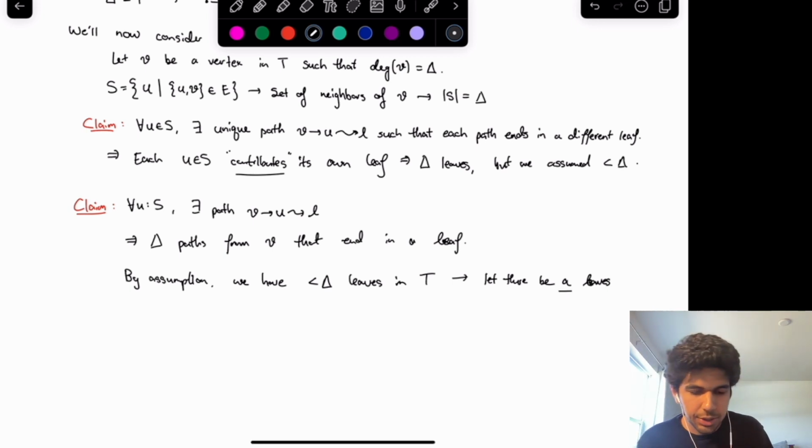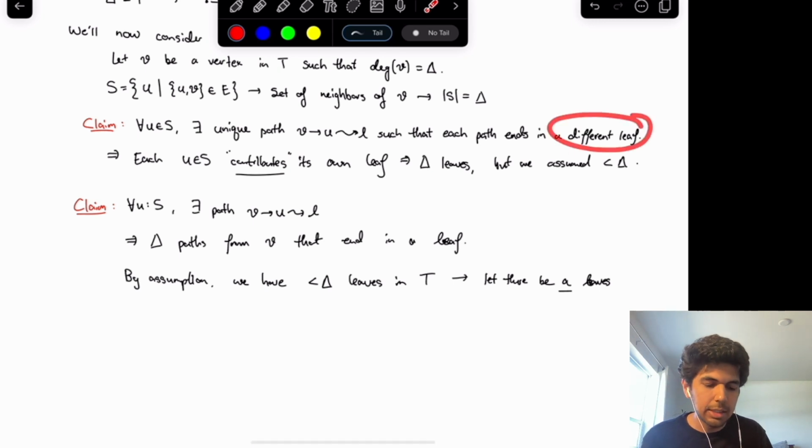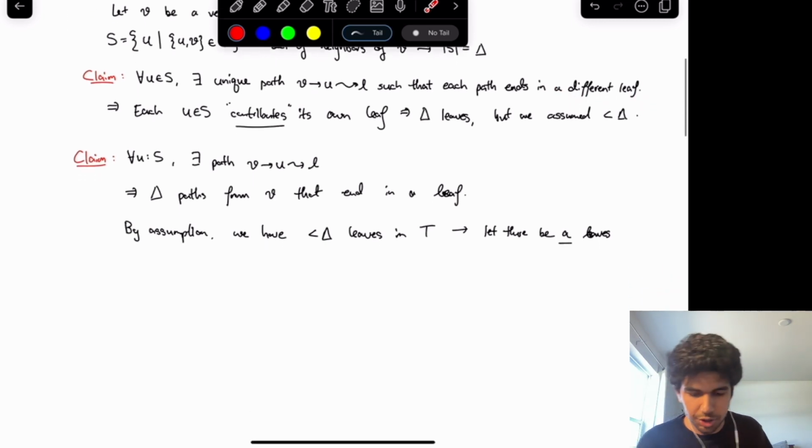And now we'll handle this part of them being different leaves by a pigeonhole argument.